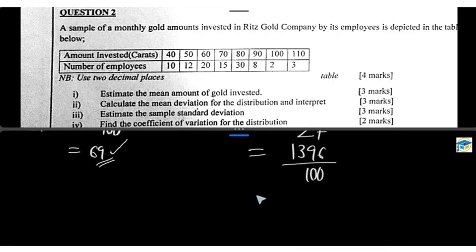Okay, so therefore we can say that our mean deviation is going to give us 13.96. And the question told us to interpret.